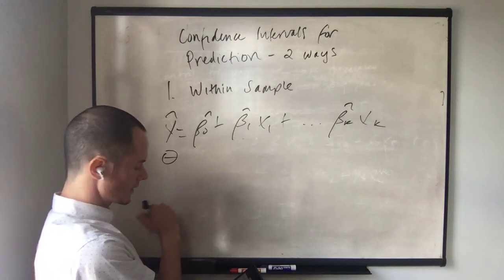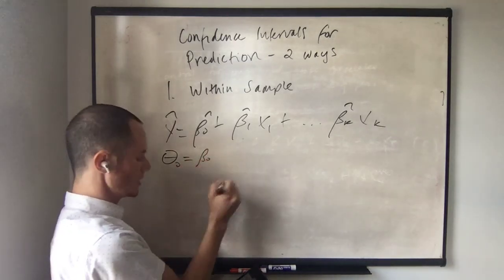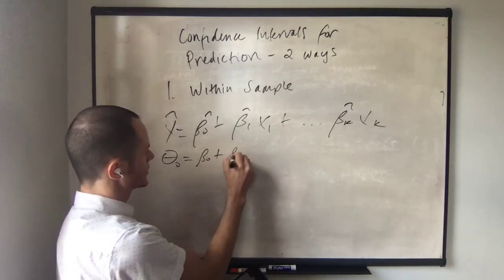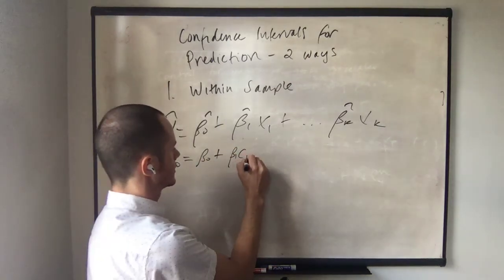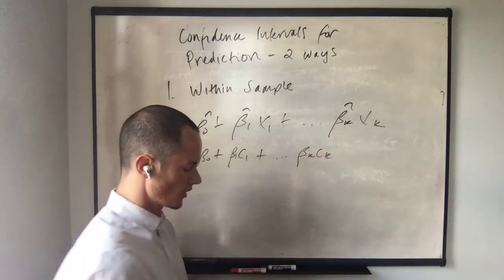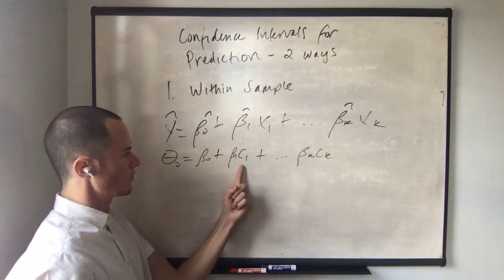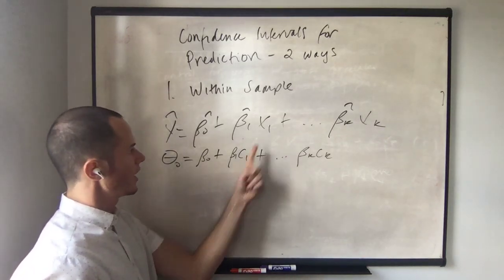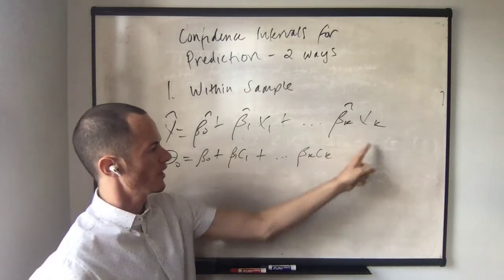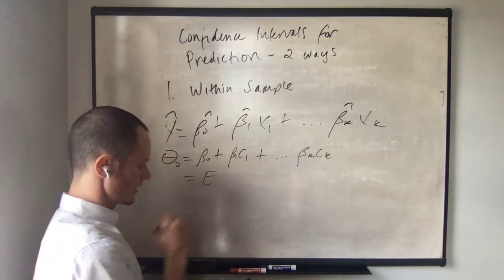Denote theta naught equals beta naught plus beta 1 c1 through beta k ck. So this theta naught is the value of y for the value x1 equals c1, xk equals ck. Let's write that as such.